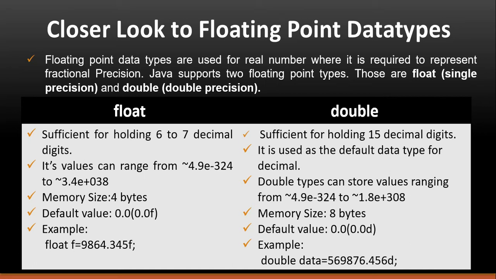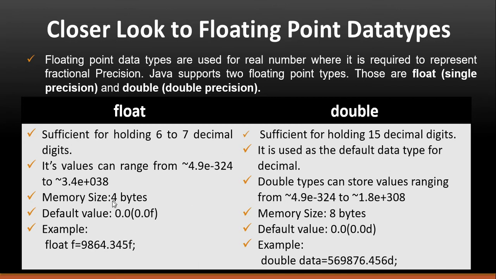Now let's understand what is this single precision and double precision. So if you are using float, that is a single precision, after decimal it can hold 6 or 7 digits, and if you are using double data type, after decimal it can hold around 15 digits. The range for float data type is this, and the range for double data type is this.